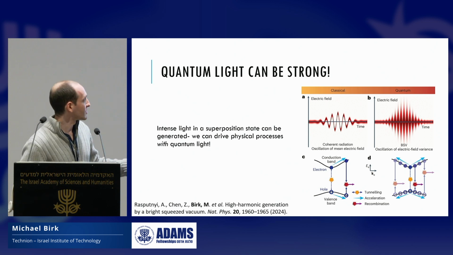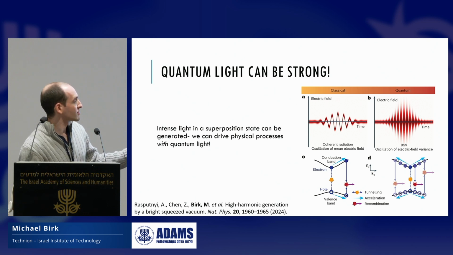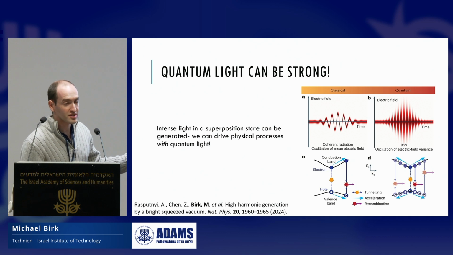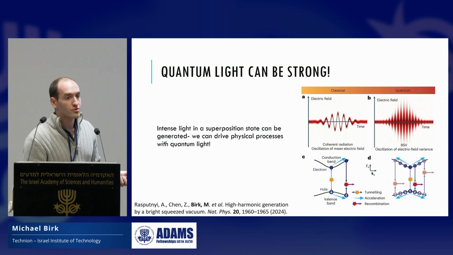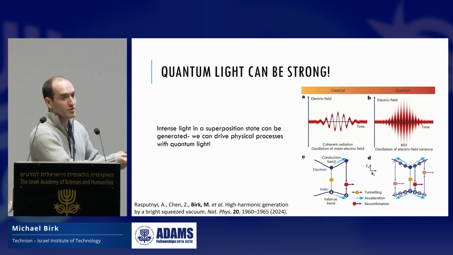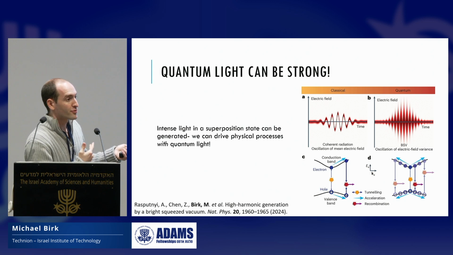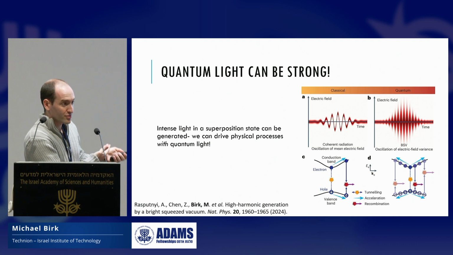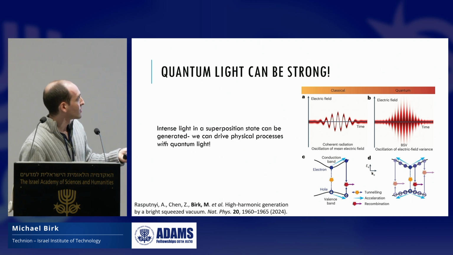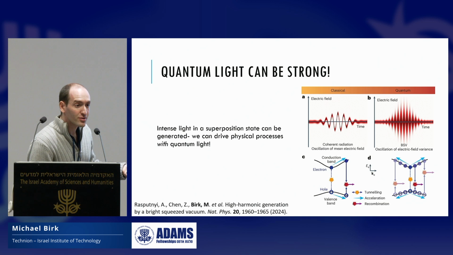So for instance, this is an electron on a band structure, basically the potential of a crystal. And this is an electron, this is a hole. Usually when you shoot light at a crystal, you're moving around electrons, and they move around on the band structure. Now, if our light is quantum and it's strong enough to give this kick, to cause this interaction, we suddenly have a lot of questions, right?